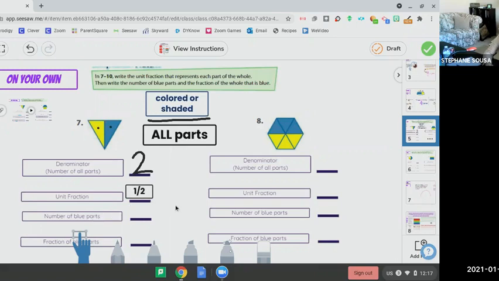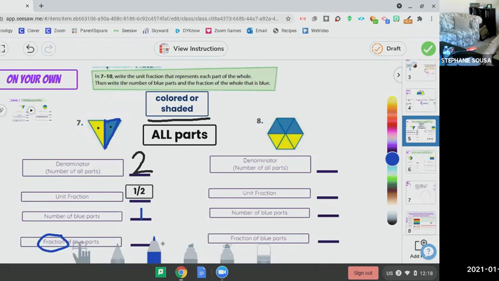Number of blue parts. I'm going to put this in blue so it's very easy. Number of blue parts. Look, there's 1. It's right here. It says number of blue parts, not fraction. Number. You should have a 1. Now it says fraction of blue parts.